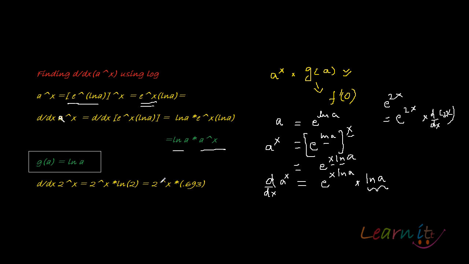For example, the same example of 2 to the power x. When we were trying to find the derivative of 2 to the power x, we had the derivative equal to 2 to the power x into g of 2, and g of 2 will be nothing else but ln 2. ln 2 is 0.693, and for every value of x, the derivative of it will equal 2 to the power x into this fraction 0.693, almost 0.7.